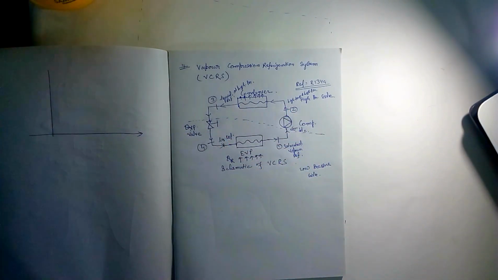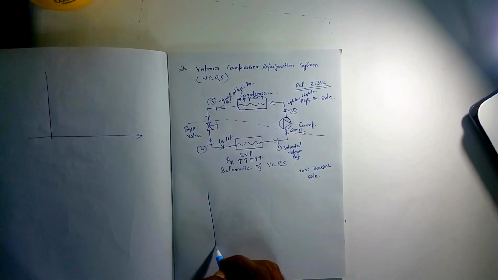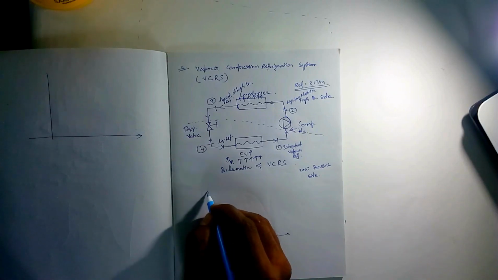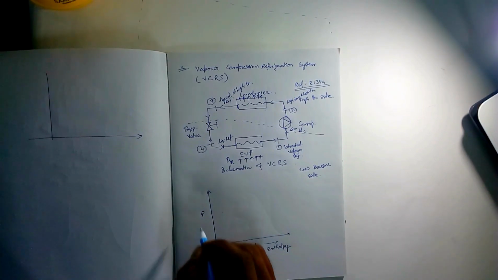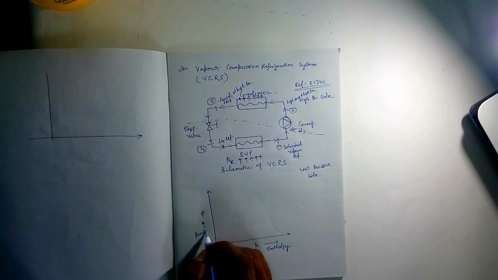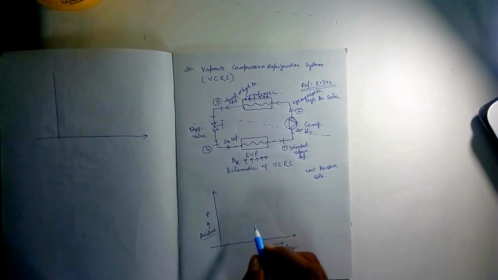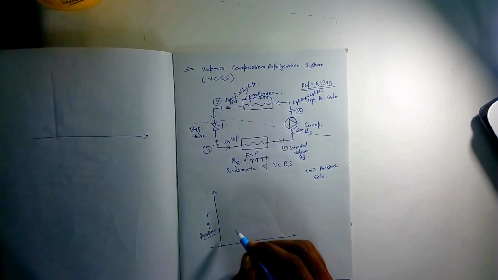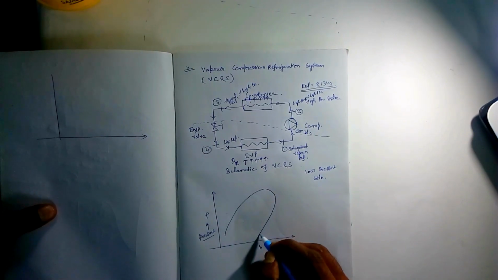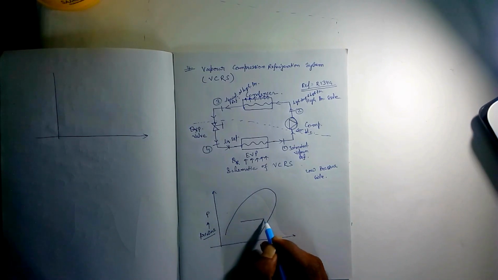Now I am going to draw this schematic as a property diagram, first the pH diagram. This is the enthalpy axis, and this is the pressure axis. Let me draw the processes one by one.